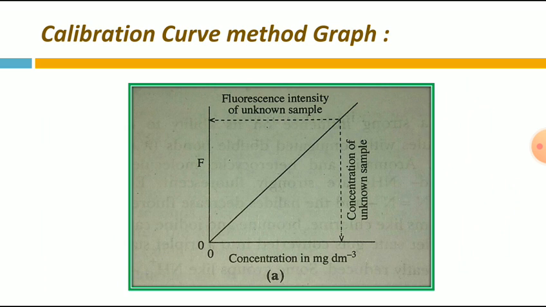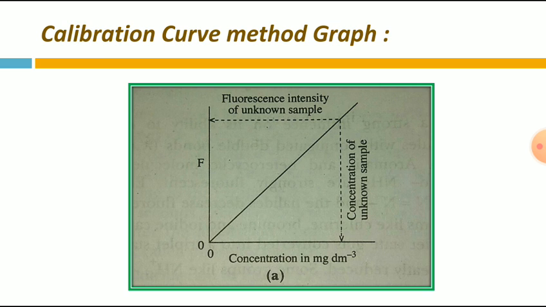So by using standard solutions we will get a linear or straight line graph, but we don't know the concentration of the unknown sample solution, we only know its fluorescence intensity. See, on the y-axis, when we draw a line from that intensity to the linear line, and from the linear line to the x-axis, we will get the concentration of the unknown sample solution.